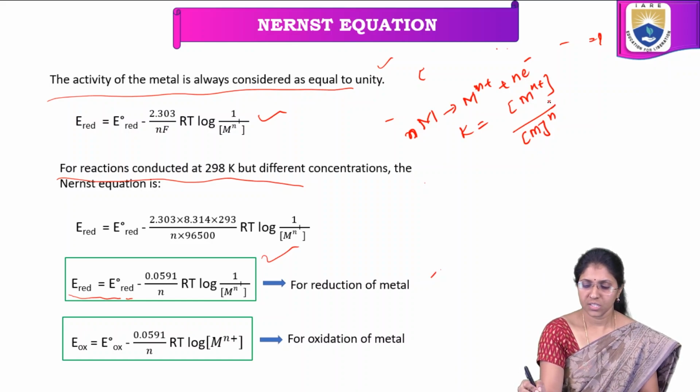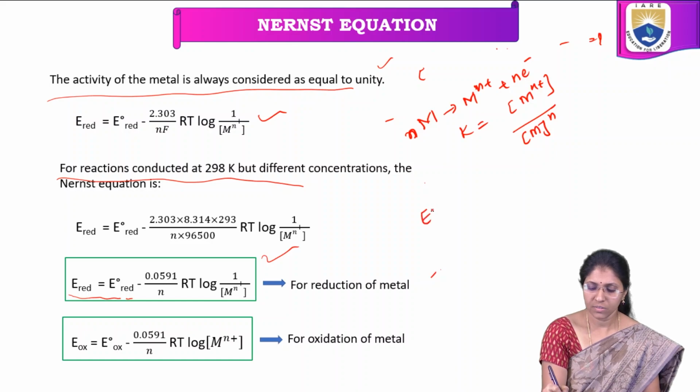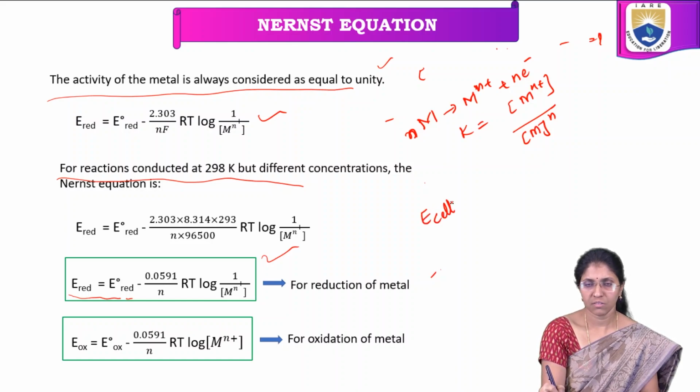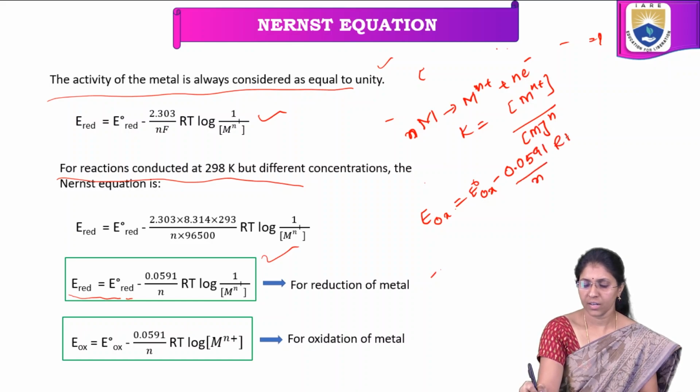If we substitute this K value in the Nernst equation, we get the E cell for the oxidation reaction, denoted by E oxidation, equals E naught oxidation minus 0.0591 by n log concentration of metal ion, since the concentration of metal is unity.